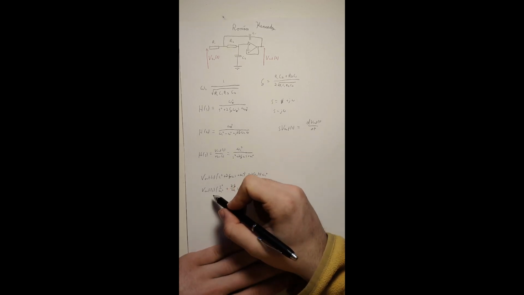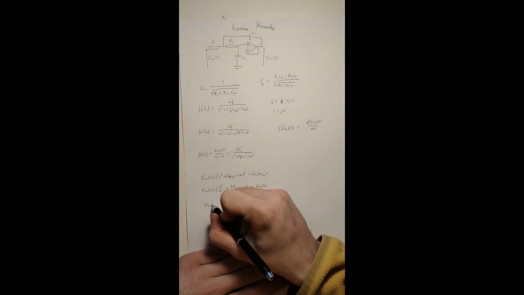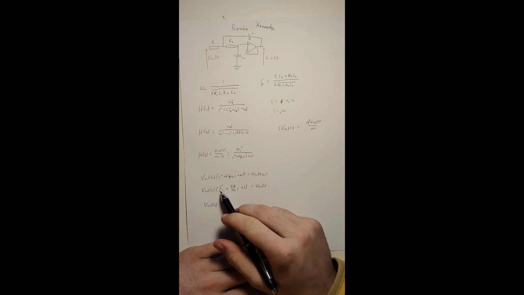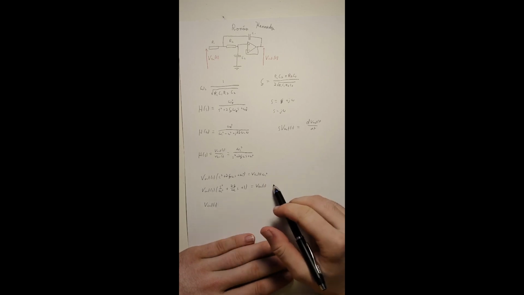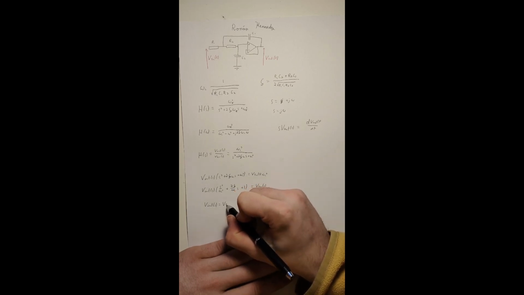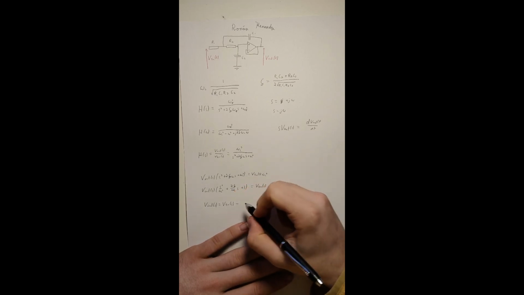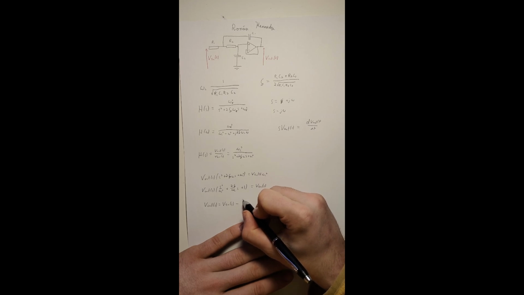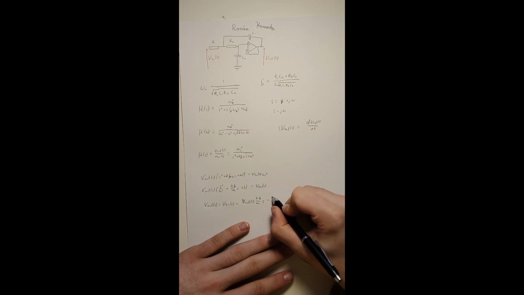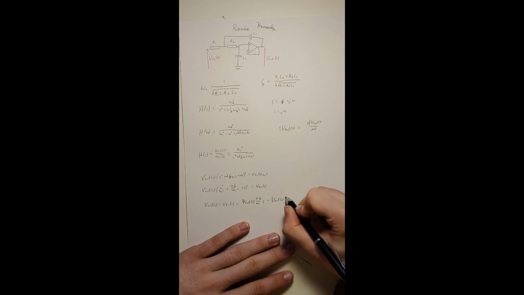Then we want V out to be by itself, so we'll do V out of s by the 1, and then we'll have the other V out of s by s squared over omega C squared go over here, and so for 2 zeta over omega C s. So then that equals V in of s minus V out of s by 2 zeta over omega C s minus V out of s by s squared over omega C squared.